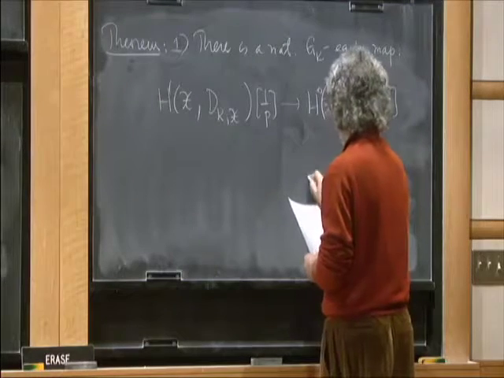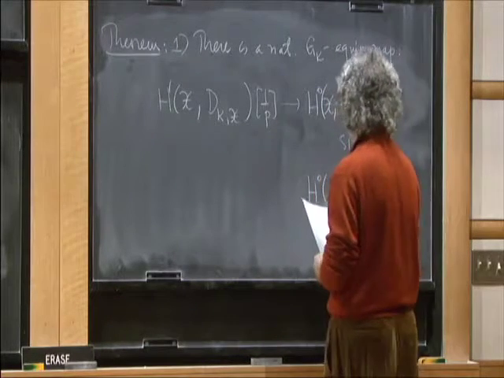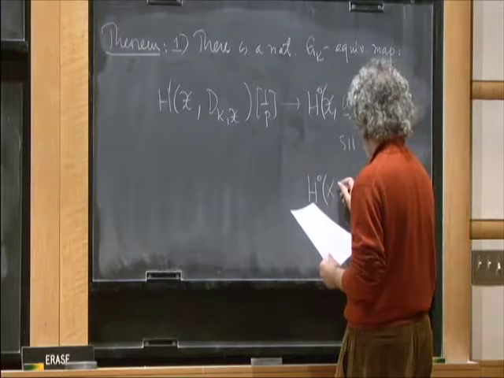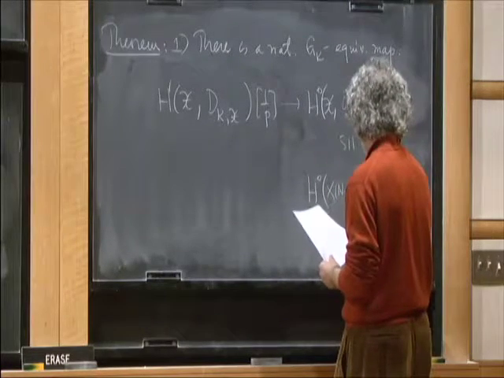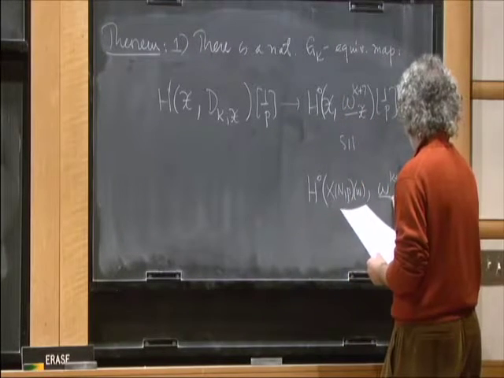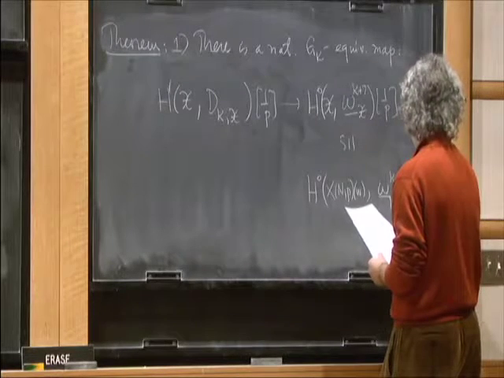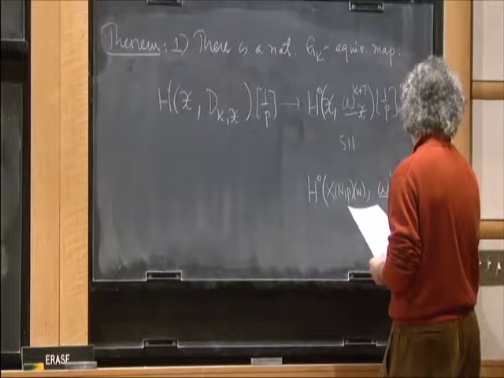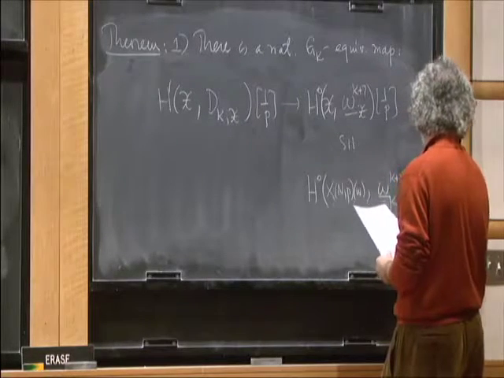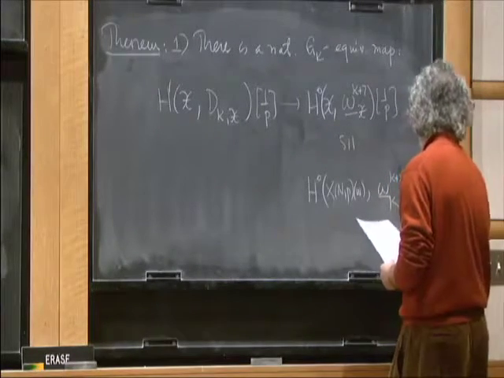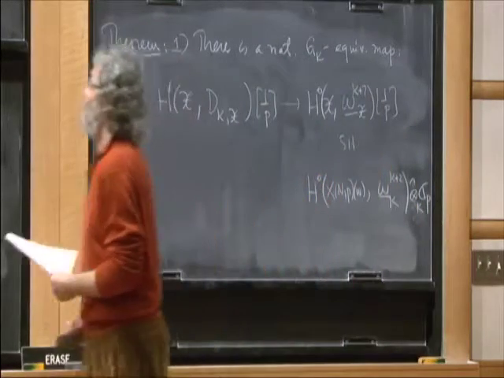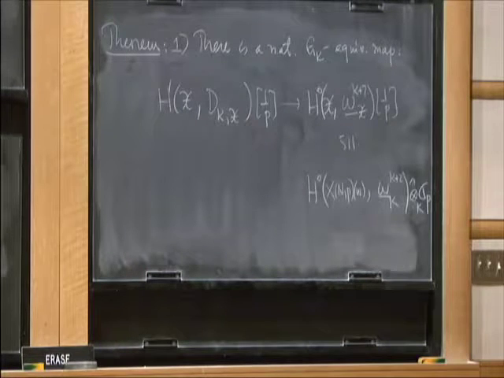And this is nothing else but what we had before. And then I have to tensor with CP. So we have a natural equivariant map like this.